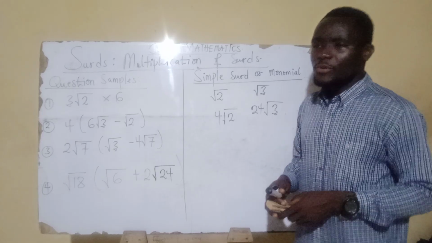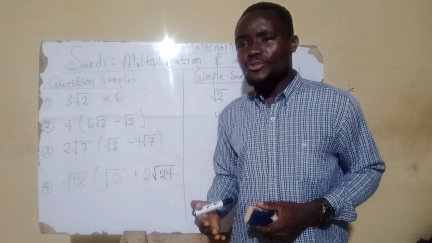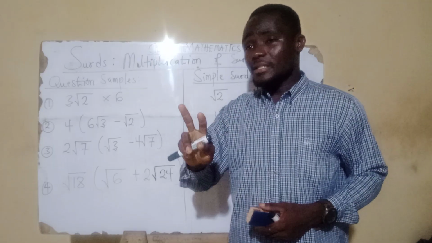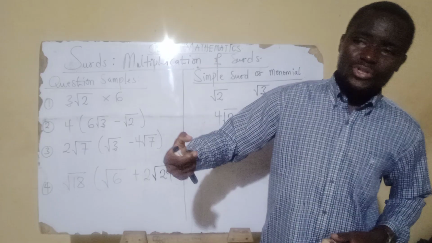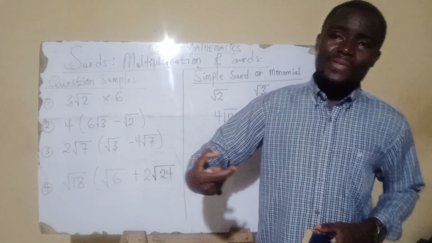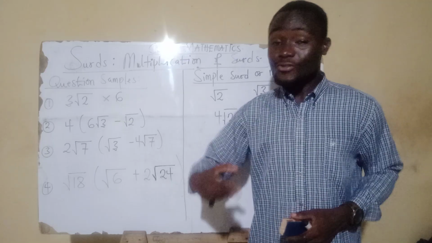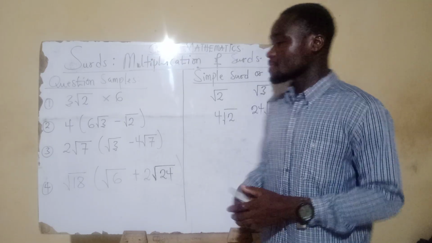Remember, under algebra, when we are talking about binomials, we are referring to expressions containing two terms. And under surd, when we look at expressions involving surds with two terms and above, at least two terms, we term this expression as what? A complex surd. Very good.